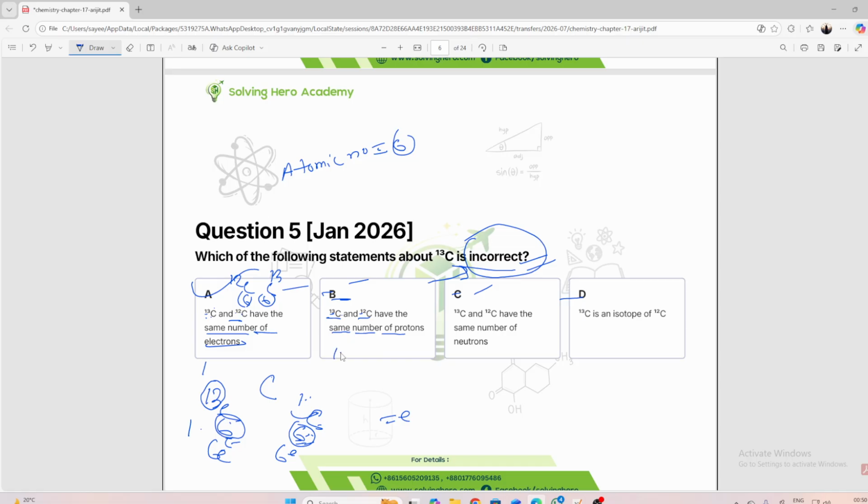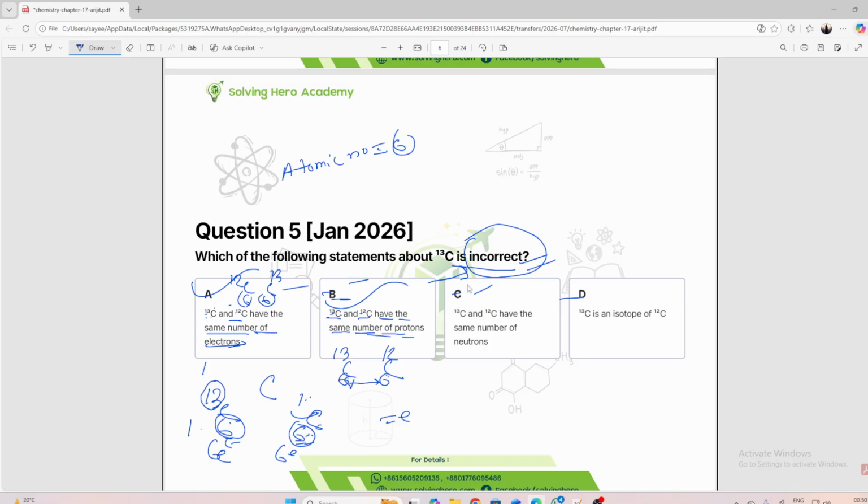So 13 carbon, 12 carbon, see, these have the same number of protons. We have already discussed that it has atomic number 6, it has atomic number 6, that means these two have the same number of protons, 6, 6, right? So these have the same number of electrons, these isotopes have the same number of protons, so this statement is also true.